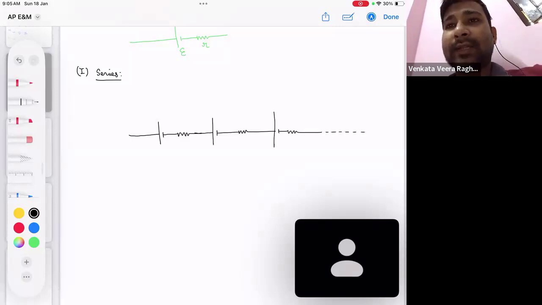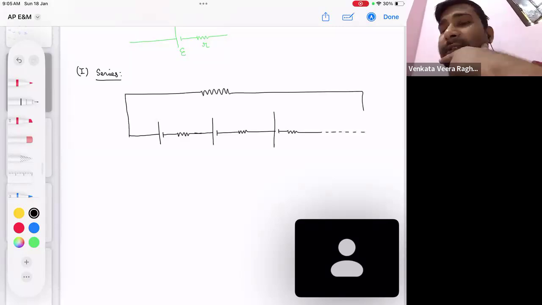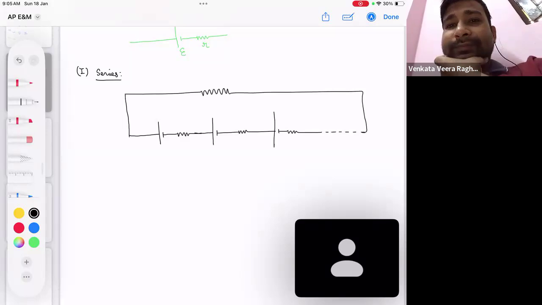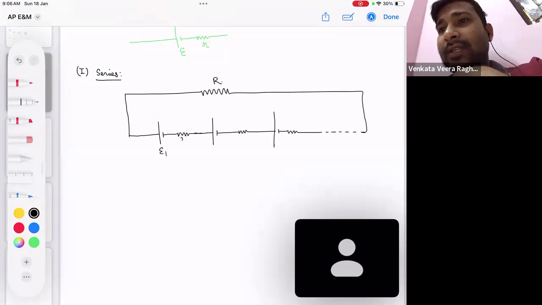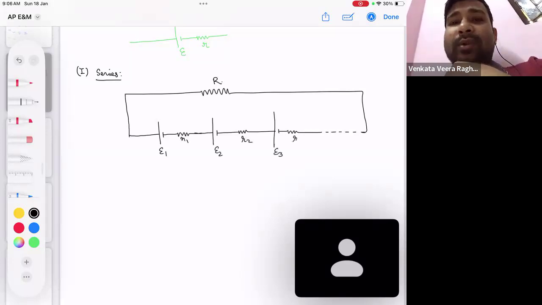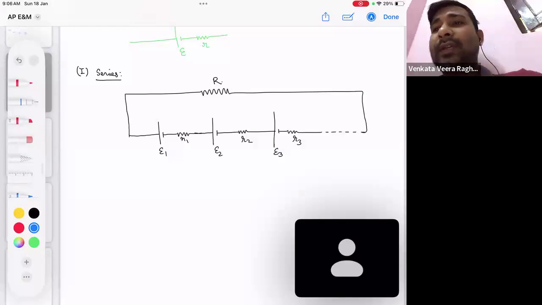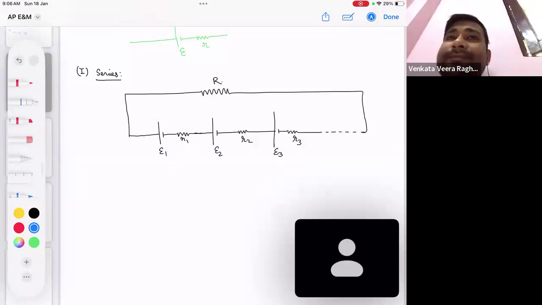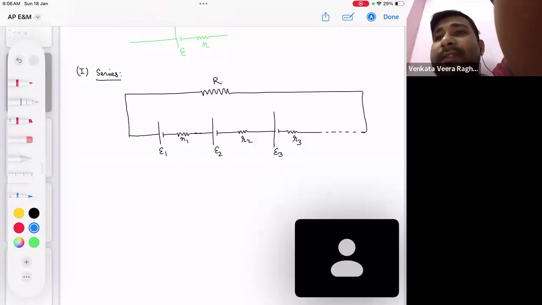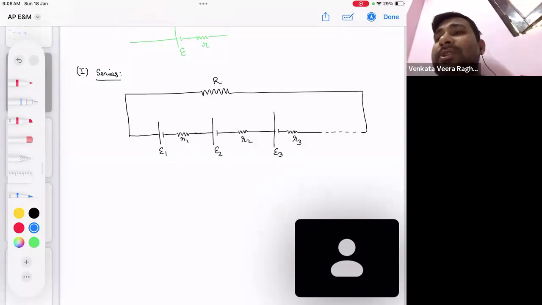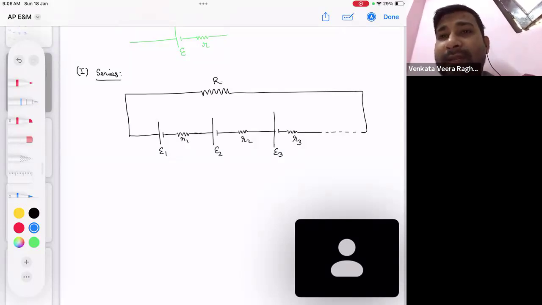Like that there are many cells, and overall they are connected with an external resistance R. So what will the E equivalent be? If I want to replace these many cells with a single cell, we should replace it by the E equivalent.